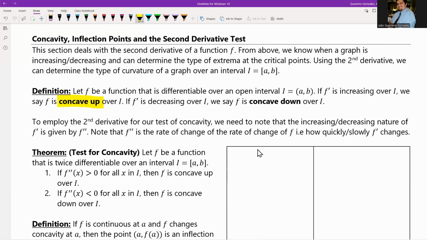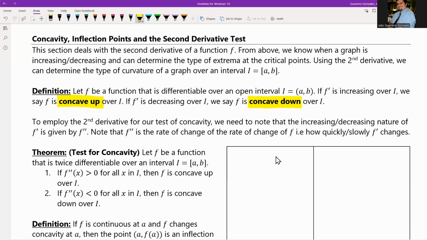If the slopes of the tangent lines are increasing, we have concave up. And likewise, if f prime, the slopes of the tangent lines, are decreasing over I, we say that f of x is concave down, okay?